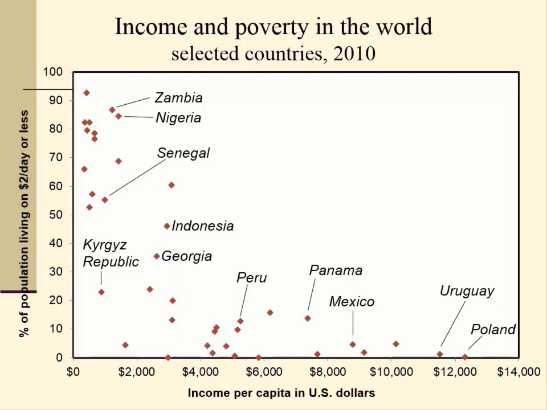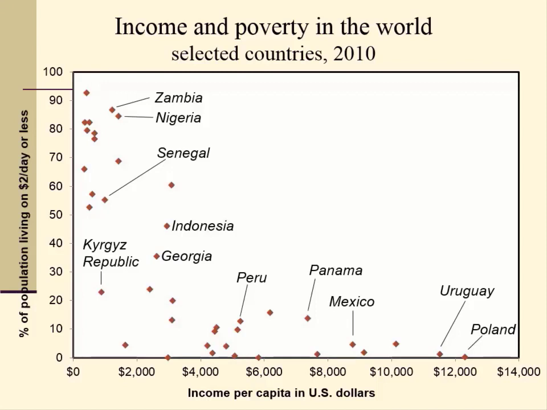Now let's look at this plot of selected countries' income per capita in 2010 in US dollars versus the percent of population living on $2 per day or less, which is a benchmark for extreme poverty. Here each dot represents a country.